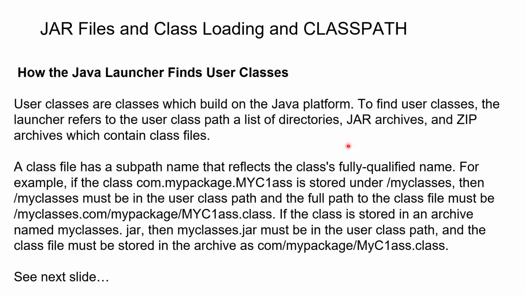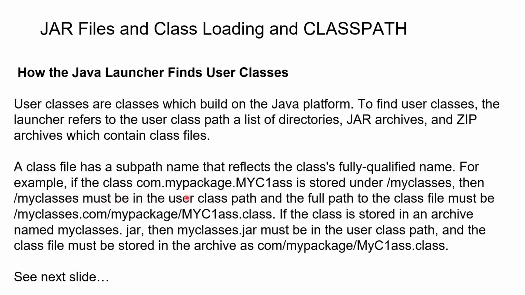Same idea here. That class path has a list of directories, jar files, and zip archives, which contain our class files. A class file also has a subpath name which reflects the class's fully qualified name. So not relative, fully qualified.